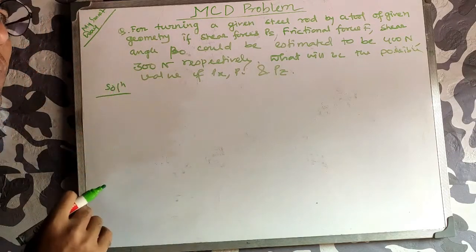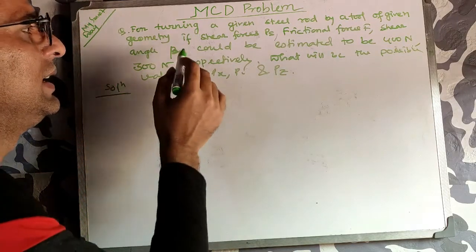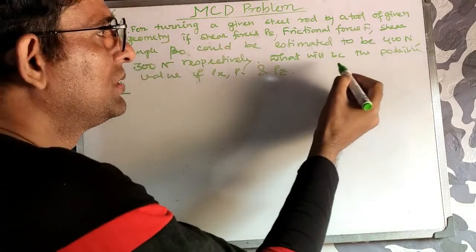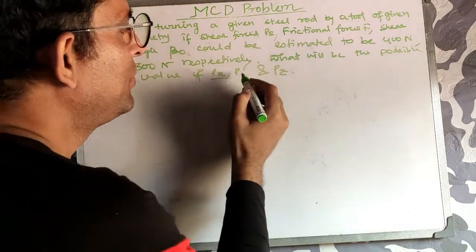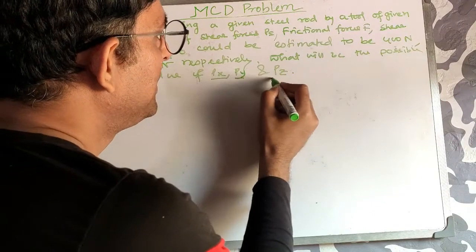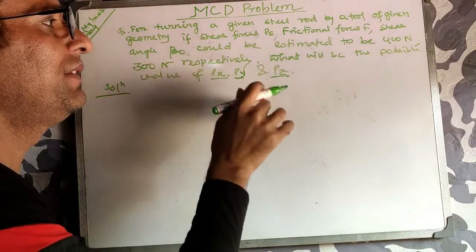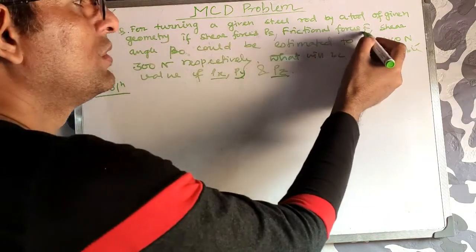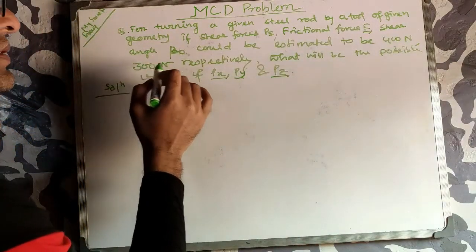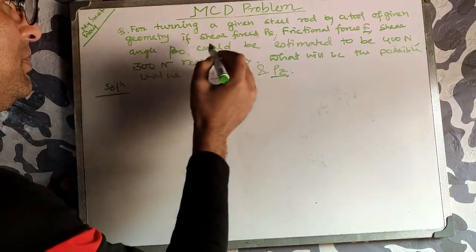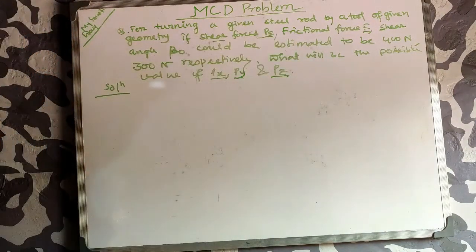See, in this kind of problem, it is saying that you need to find out Px, Py and Pz. How to find out Px, Py, Pz if the frictional force F and shear force Ps are given?